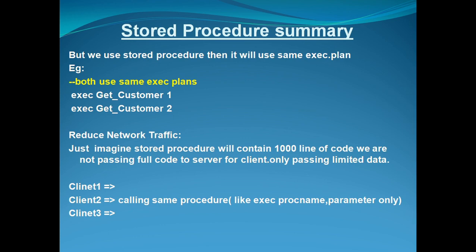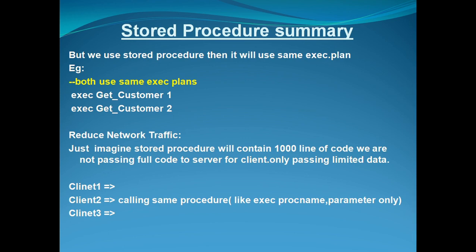So next is reducing the network traffic. Just imagine a stored procedure contains 1,000 lines. We are not passing all 1,000 lines of data. Normally, with normal queries, we want to pass these 1,000 lines to the server.